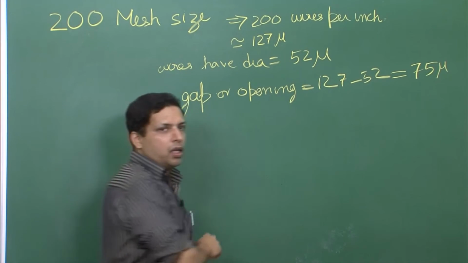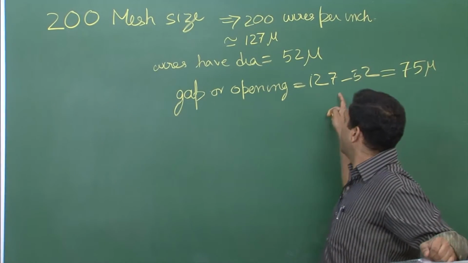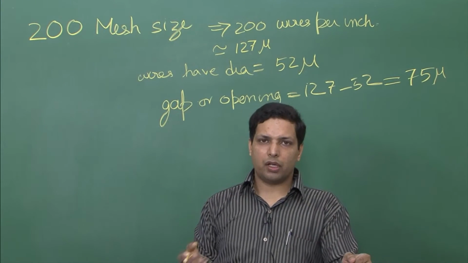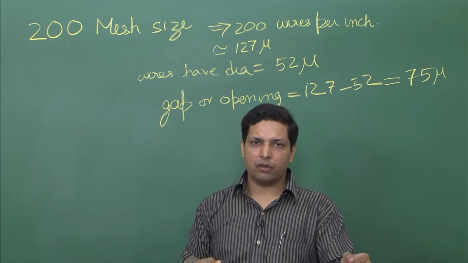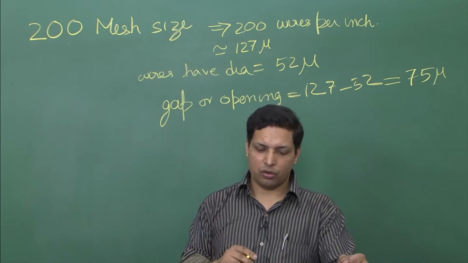So, when you are using a mesh of size 200, particles less than this size, which is 75 micrometer, will go down, will go to the bottom sieve, and particles greater than 75 micrometers will remain onto this sieve.